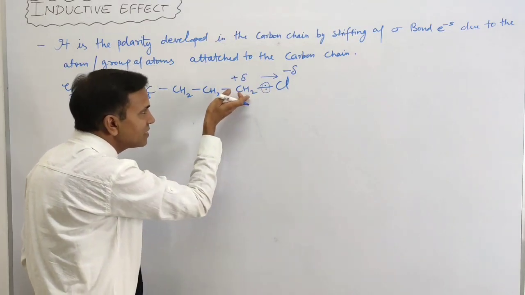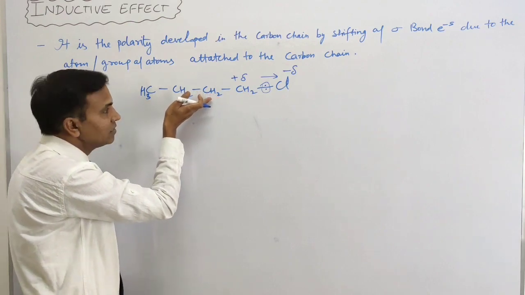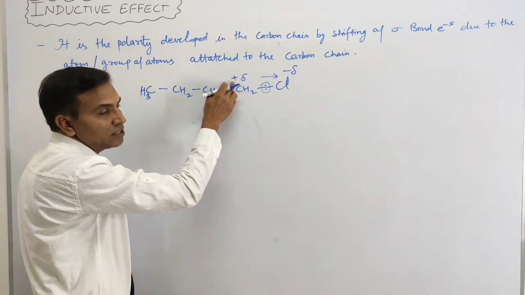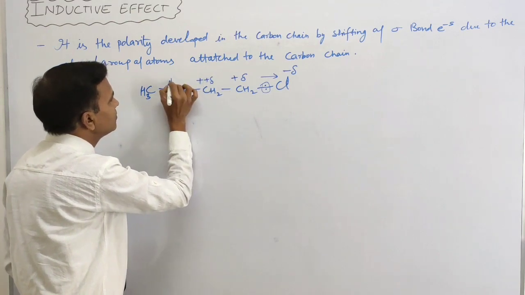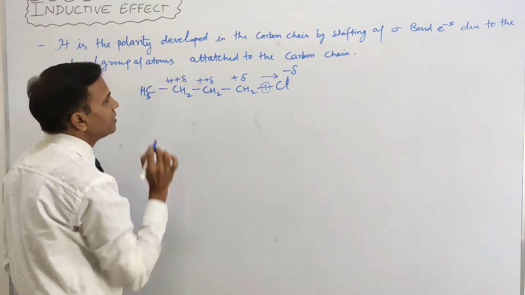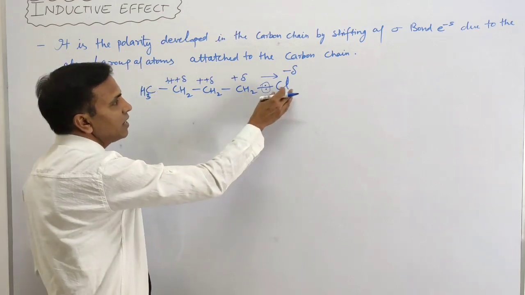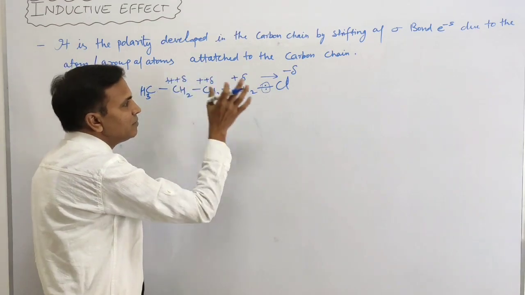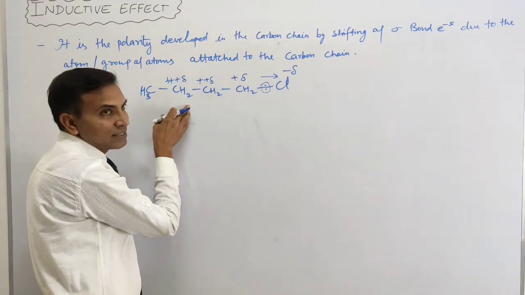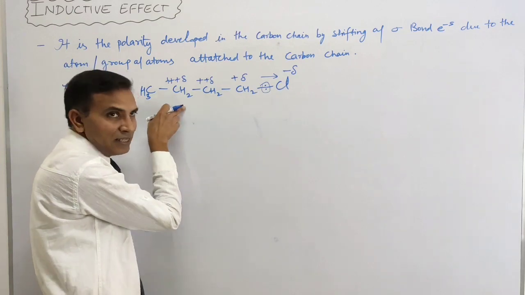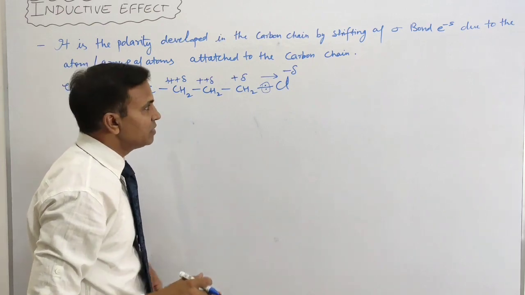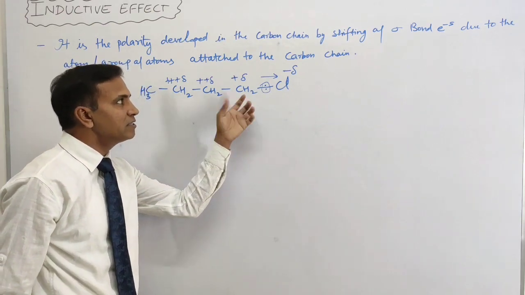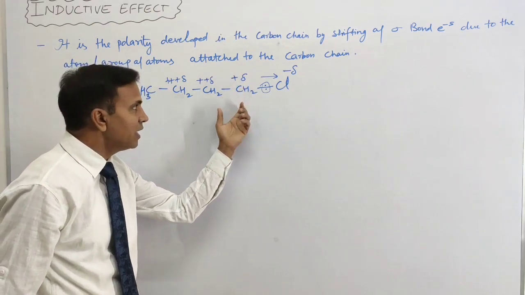And as the distance increases, the positive charge decreases. That means the I effect depends on the distance. As distance increases, the I effect decreases. Due to the I effect, the positive charge comes on the carbon atom.